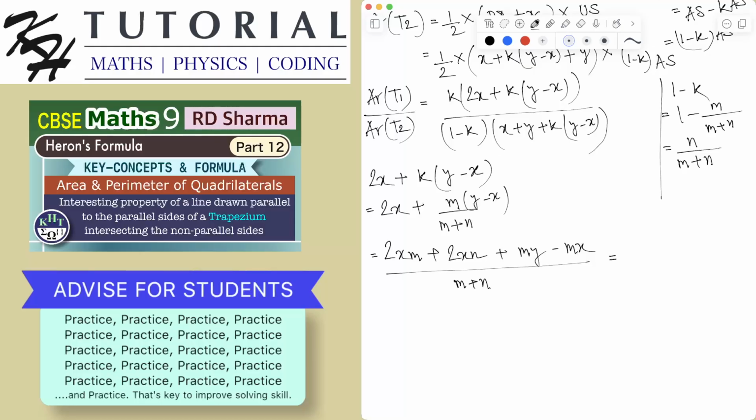This will be equal to mx plus my plus 2xn, divided by m plus n. Okay, and what is x plus y plus k into y minus x?